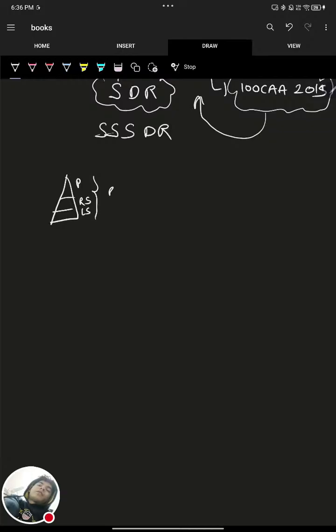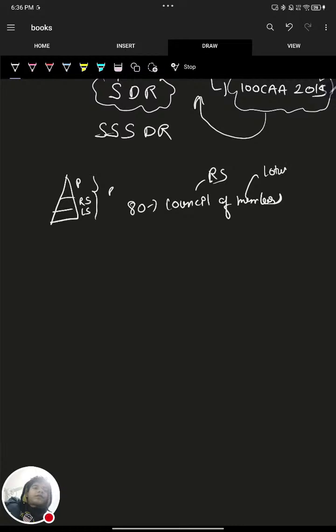Then there is Article 80, which talks about the council of members, which is basically your Rajya Sabha. Rajya Sabha is denoted by the lotus, with red color inside of it.